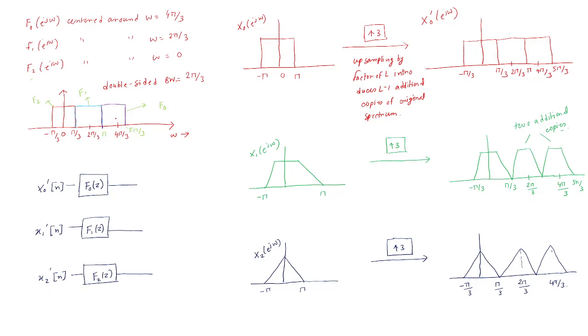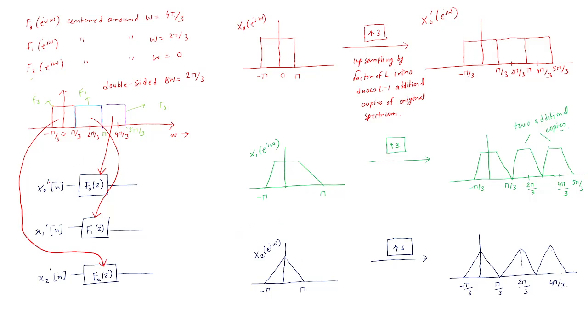Where F naught corresponds to this one, F1 is this one, and F2 is this one.